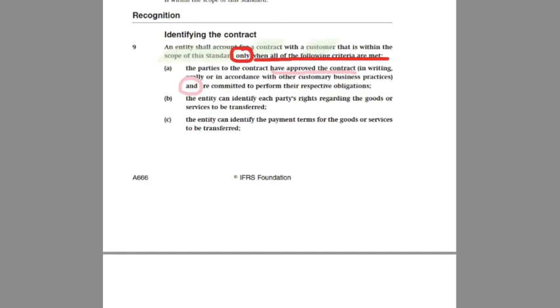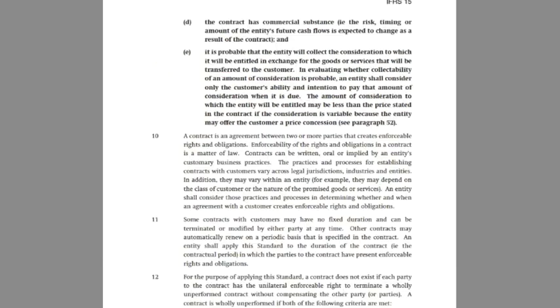And the parties are committed to perform their respective obligations. The second criteria, the entity can identify each party's rights regarding the goods or services to be transferred. Number C, the entity can identify the payment terms for the goods or services to be transferred.